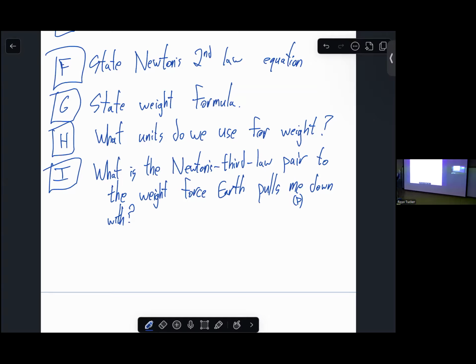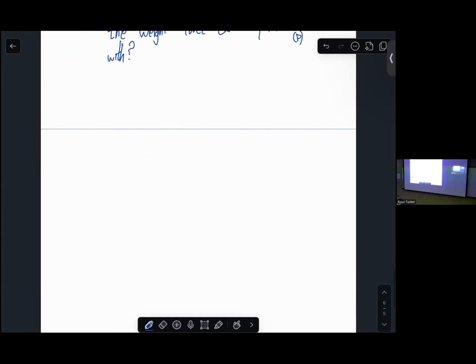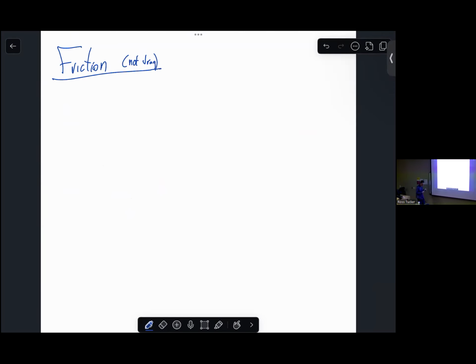So surface friction. Let me write this down. Friction, not drag. Okay, so the first thing you need to know about friction is that there are 2 kinds of friction, actually.